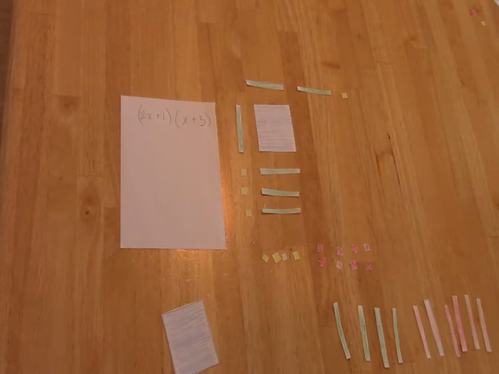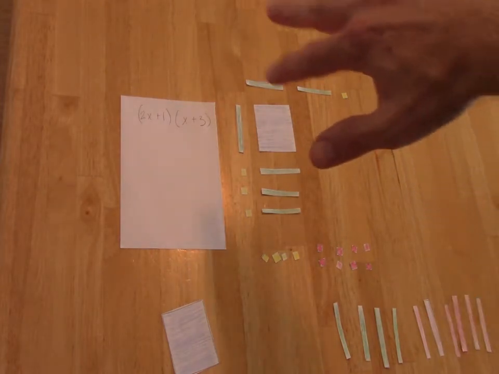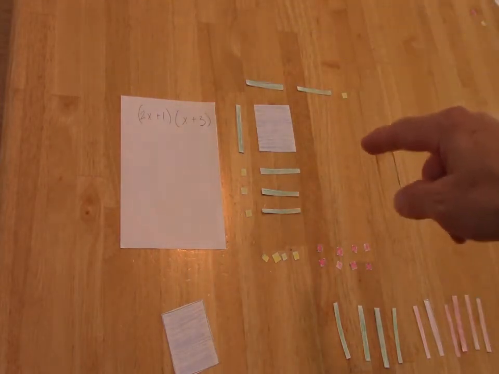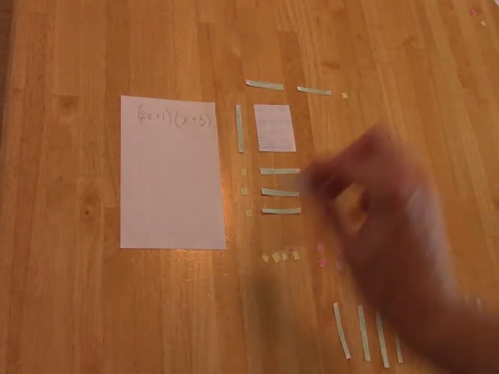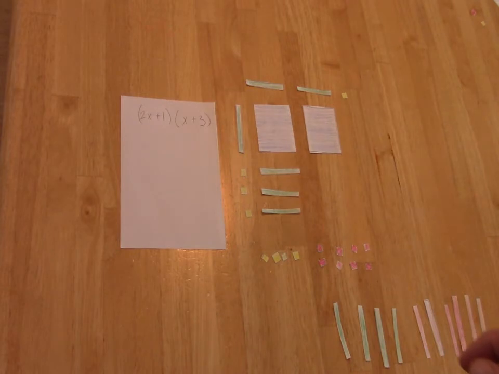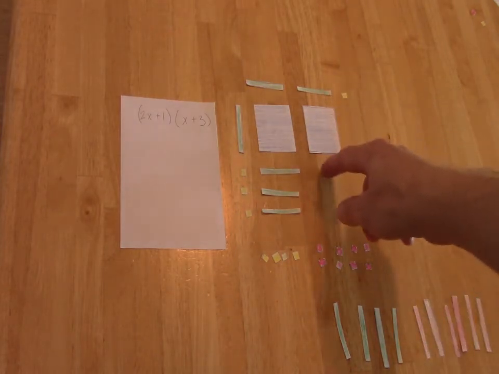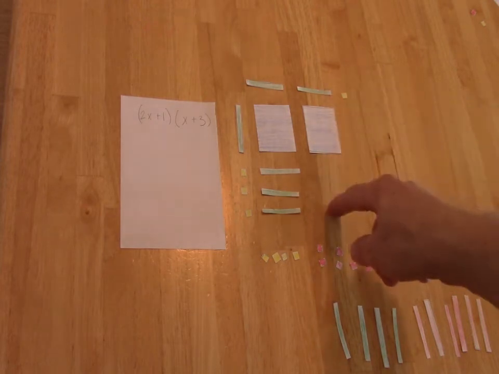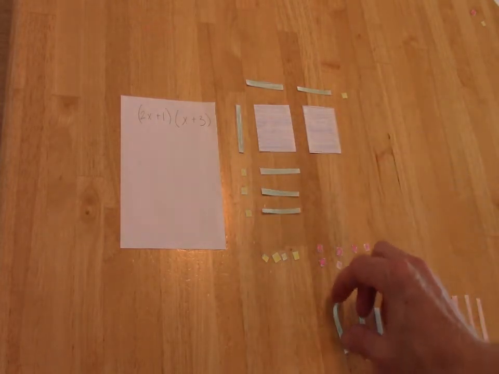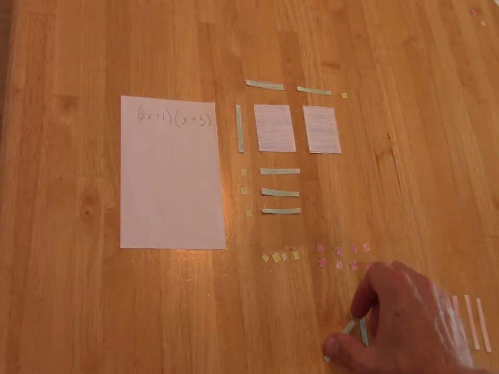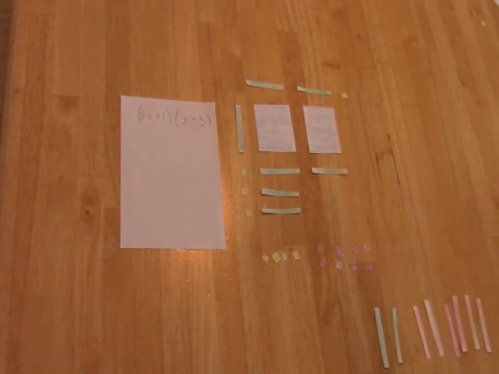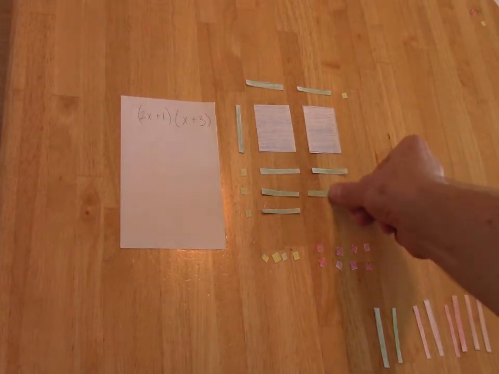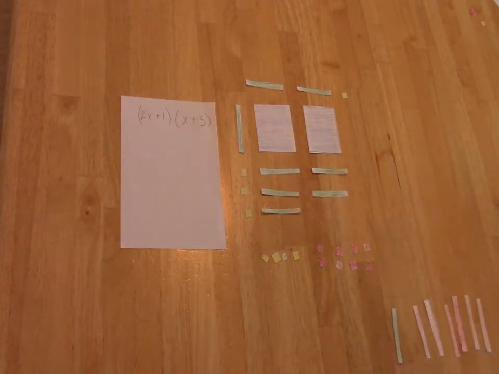As we fill towards the right, we're going to look at the second column of x here, which has an x intersected with another x, which means we have another x squared piece there. Then we have 3 more x's here because of this x column and these 3 ones. So we're going to fill in these x sticks.